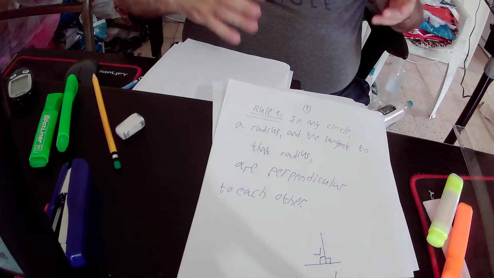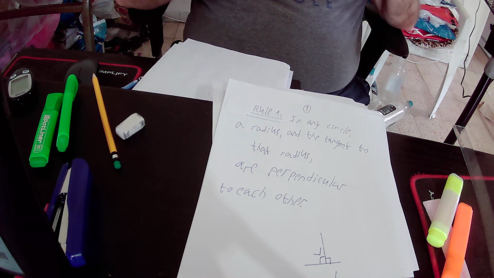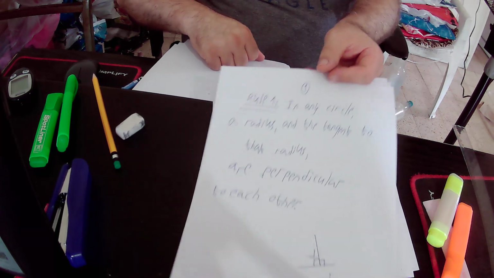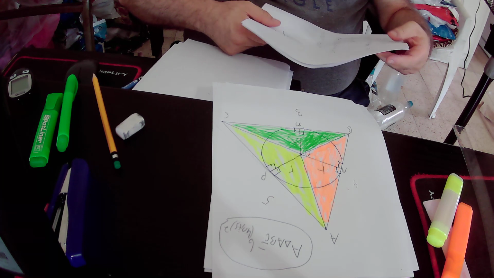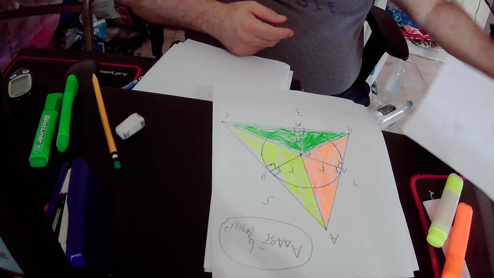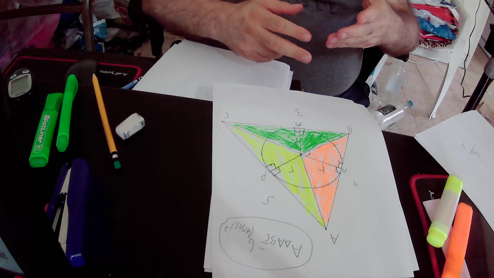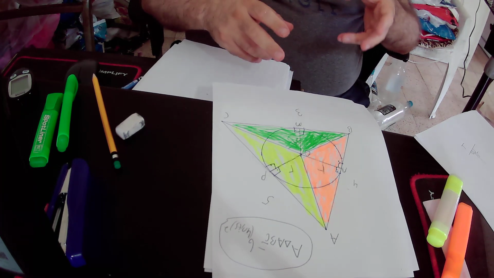So we can implement this rule number 1 in our circle, because we have here 3 radiuses and 3 tangents to those radiuses.